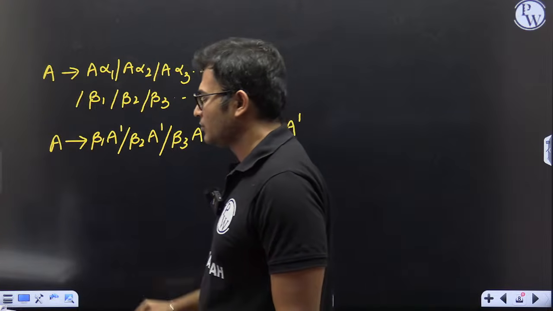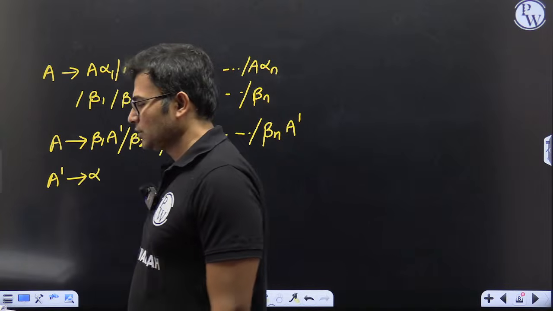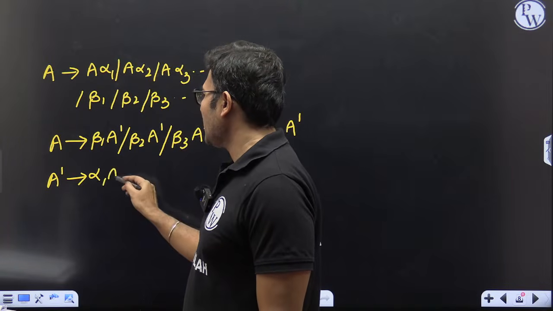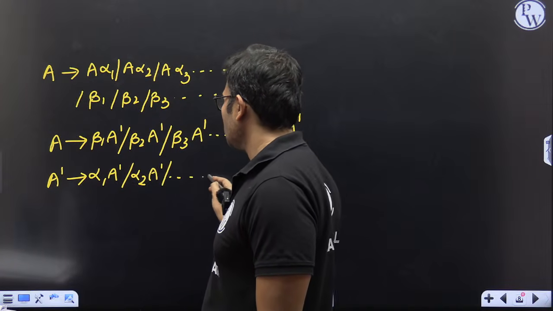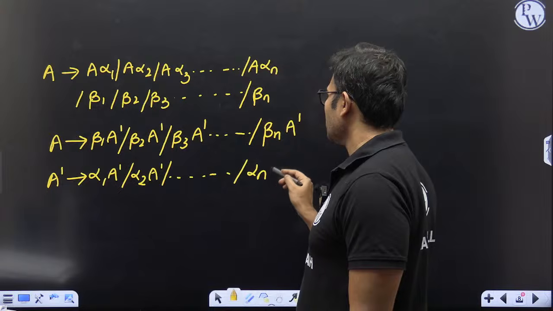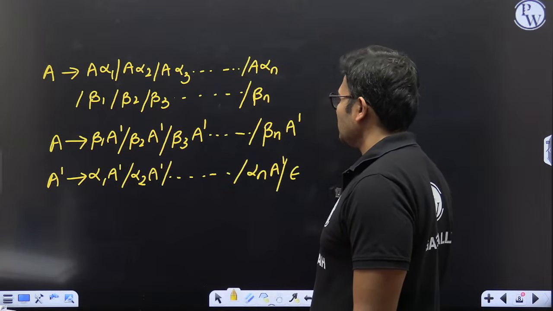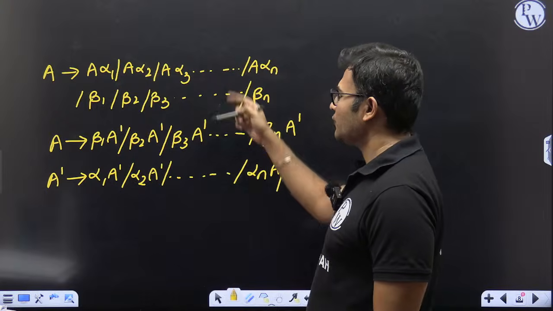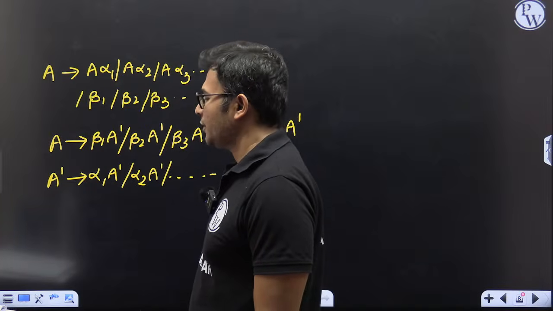Now, A dash derives alpha 1 A dash or alpha 2 A dash, so on, alpha n A dash or epsilon. So for this left recursive grammar, this is the equivalent right recursive grammar, right? Now let us see.